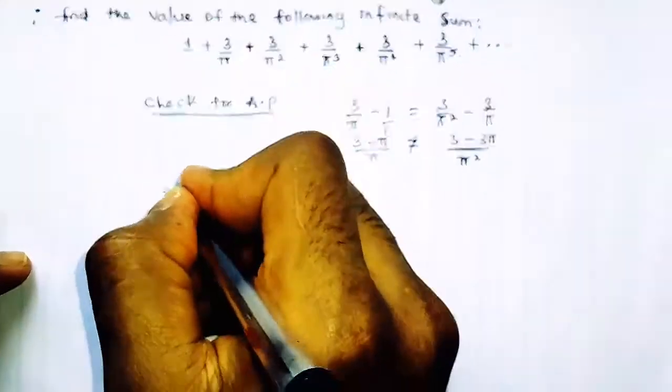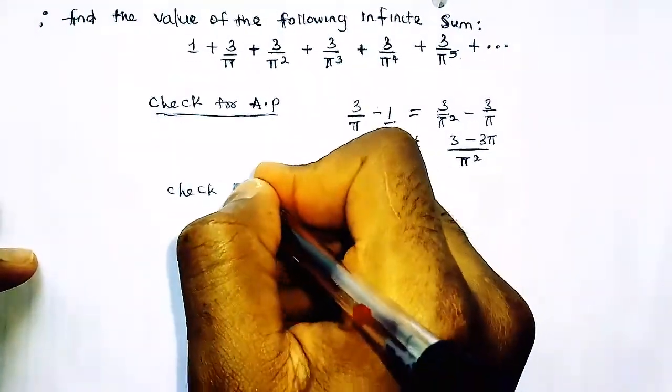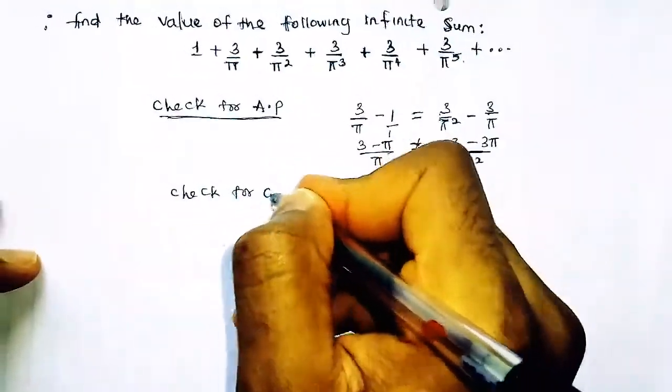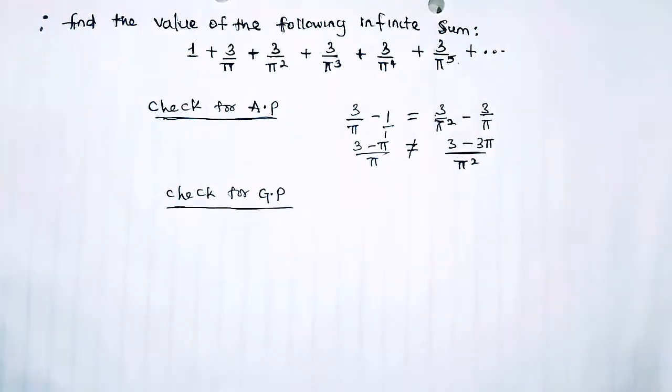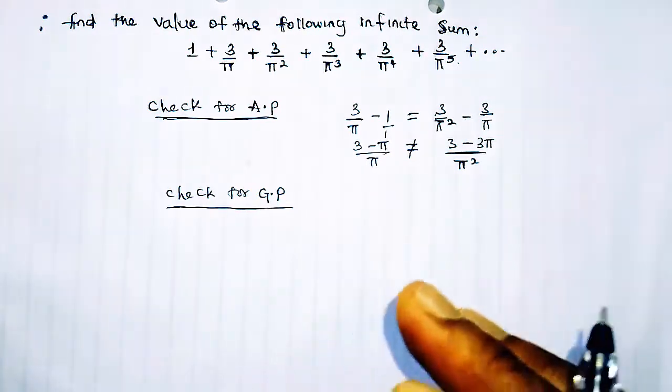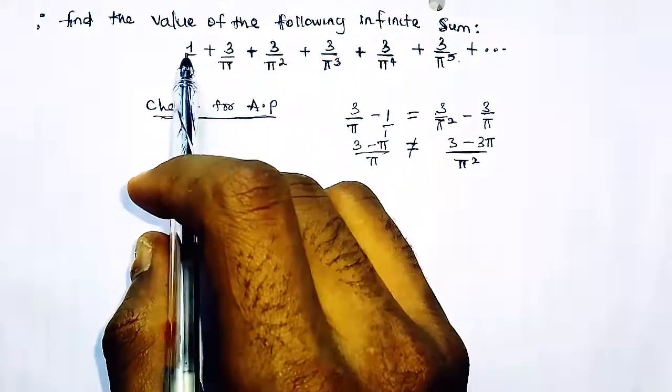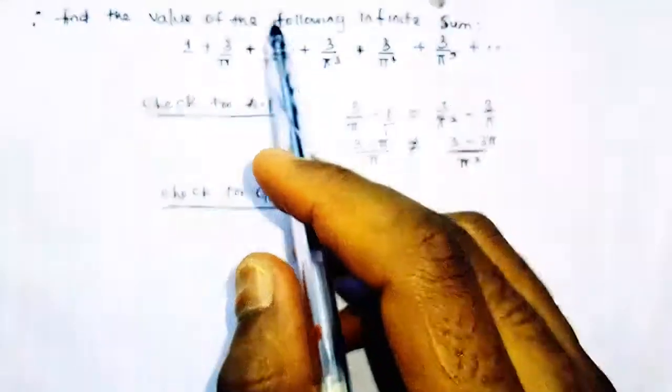So now let's check for GP, meaning geometric progression or geometric series. For this to be a geometric series, the second term divided by the first term should be equal to the third term divided by the second term.